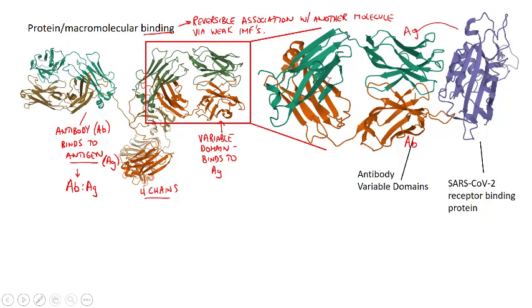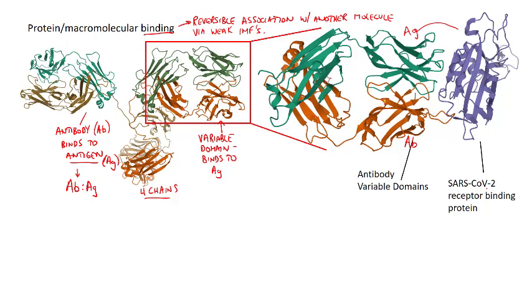And the antigen protein, just for fun, I picked the SARS COVID-19 virus receptor binding protein. So the structure of the virus is known. This is the protein that the immune system seems to be reacting to.